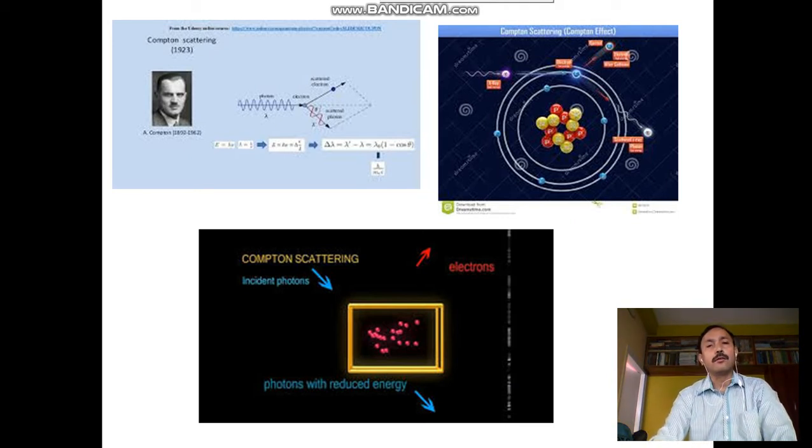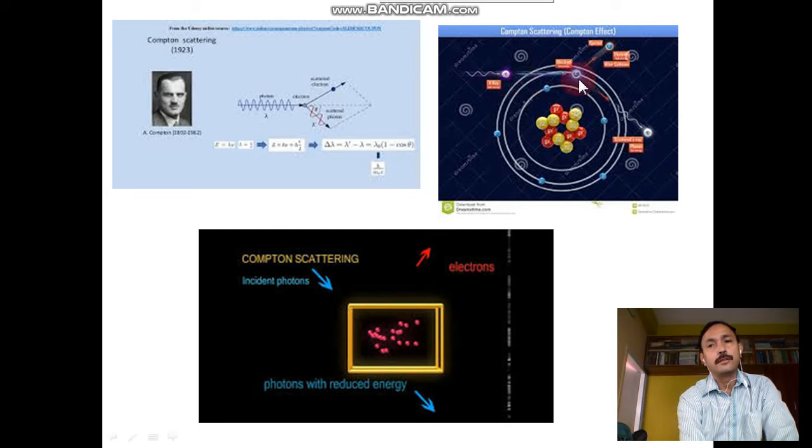So there the wavelength of photon is increased. So this change is known as the Compton effect. This is the incident photon, then scattering of the photon with reduced energy, and the electron is also dislodged.